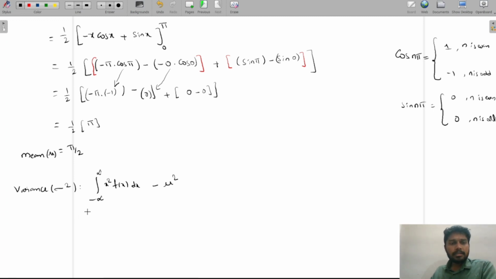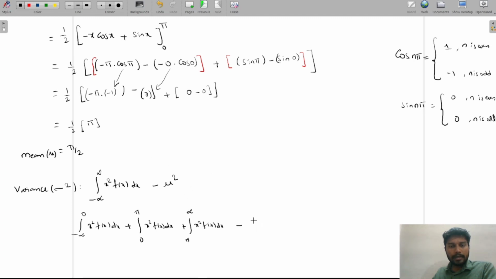I think this formula also contains minus infinity to plus infinity, right? So can I split the integration by using integral by parts? Yes, we have to split it. So integration from minus infinity to 0 of x square into f of x dx plus integration from 0 to pi of x square into f of x dx plus integration from pi to infinity of x square into f of x dx minus mu square.